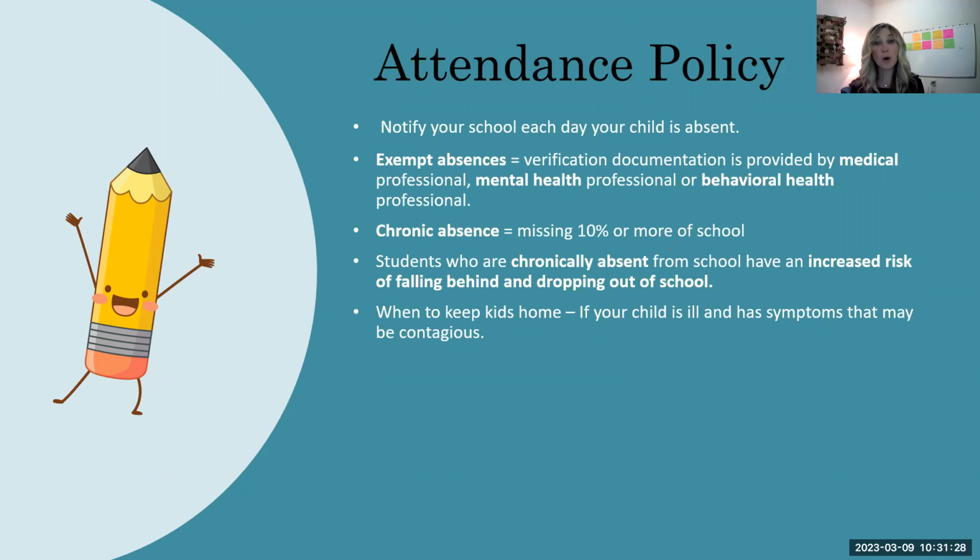They'll mark it as an exempt absence, which would be like an illness or family business, those types of things. If your child is absent for more than 10% of the year, they're considered chronically absent. So if we have 180 days of school, if your child misses 18 days out of that 180 across the whole year, that is considered chronically absent and is very concerning because they are missing critical understanding and content to lead them into later success for first grade and beyond.